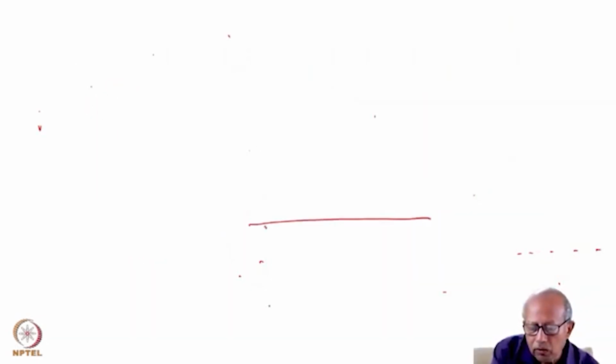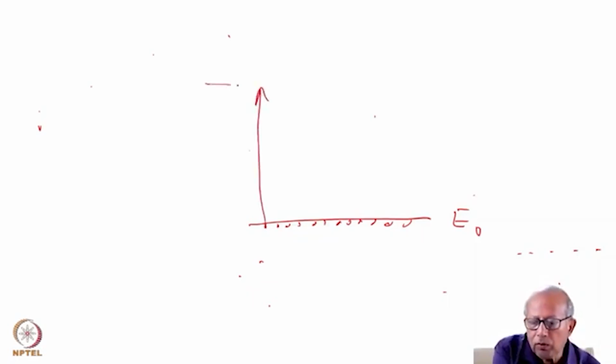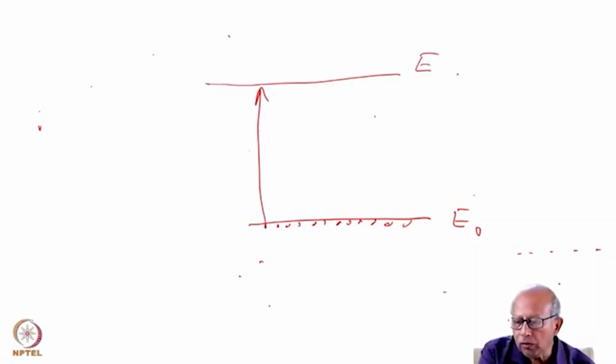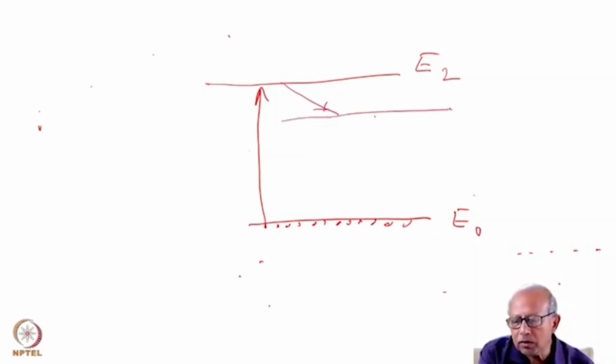So initially, all the population resides in this level, which we call E0. And as we begin pumping, the population is first transferred to the pump level, which we call E2, and then it relaxes immediately, usually through a non-radiative process, to the upper level.